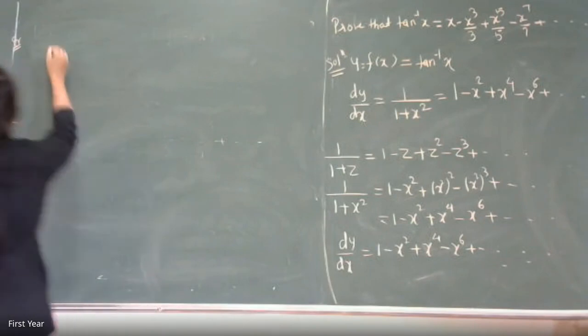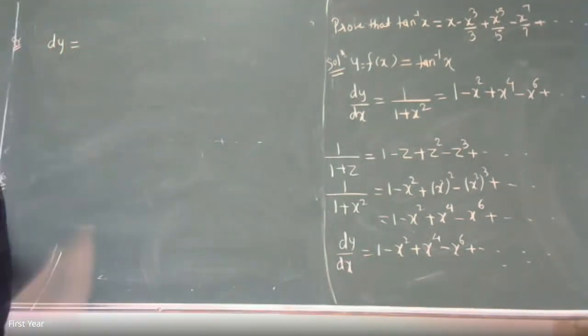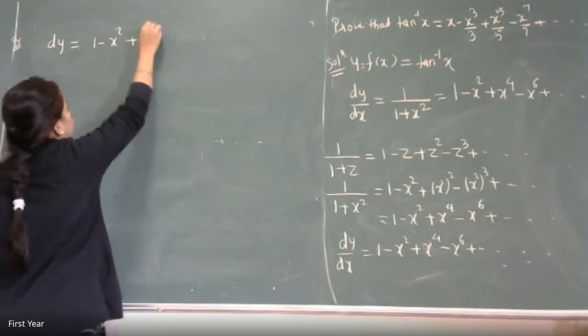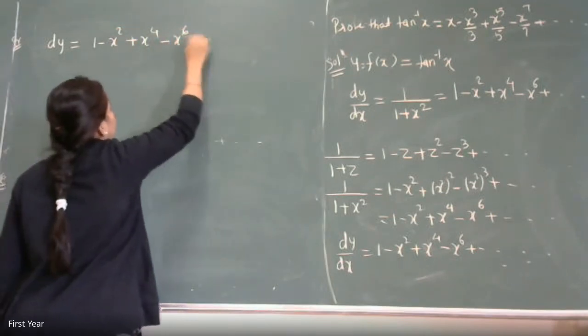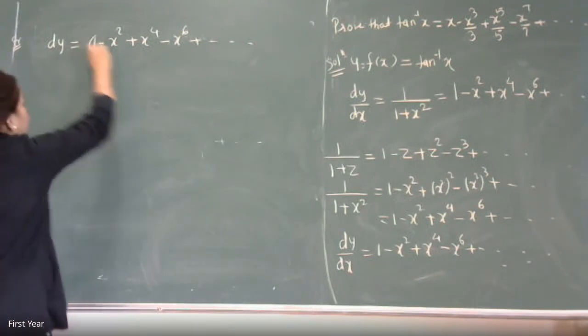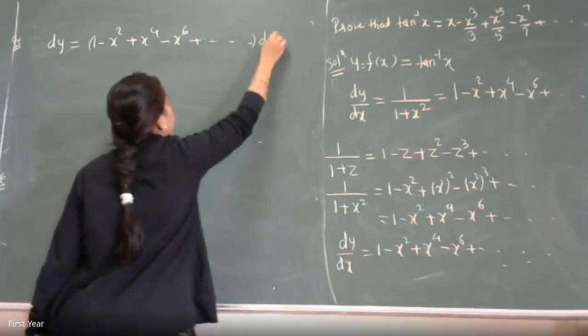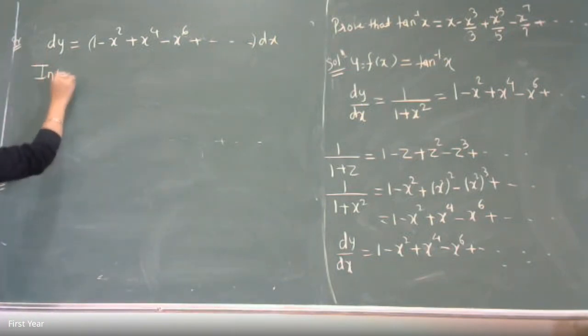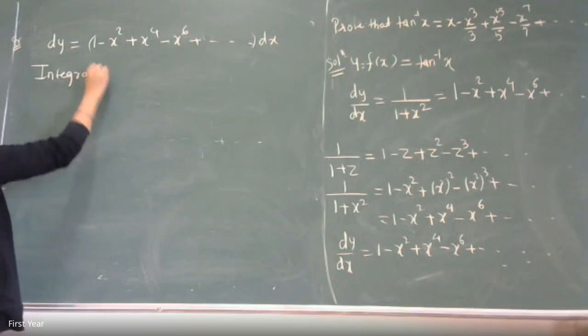Therefore, dy is equal to 1 minus x squared plus x raised to 4 minus x raised to 6 plus dot dot dot into dx. Since I want to do integration, I am taking that on the left side. Integrating, and this is definite integration.